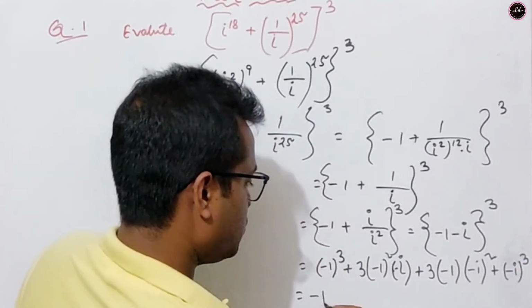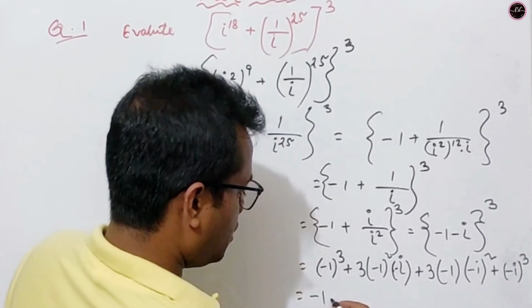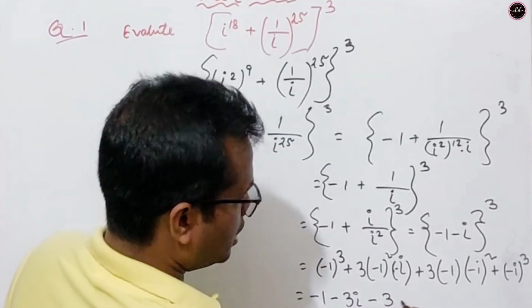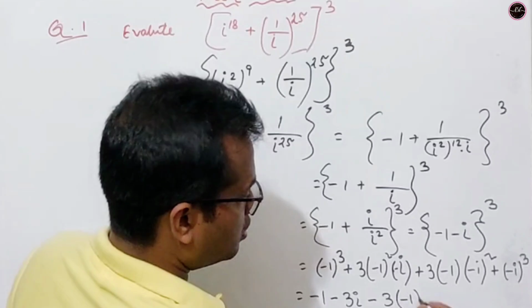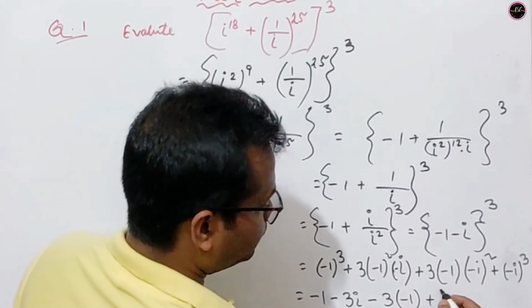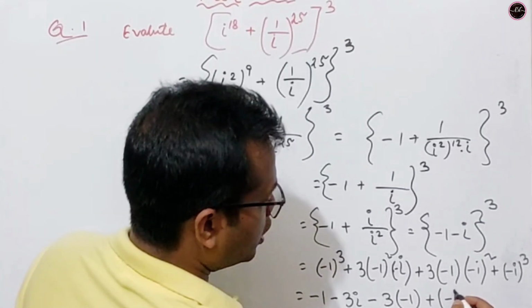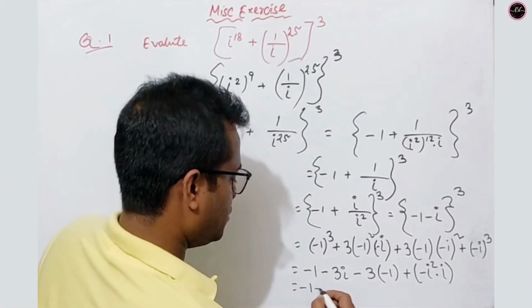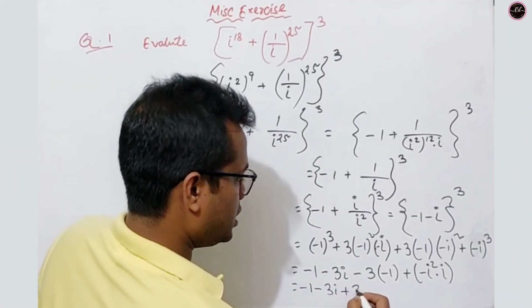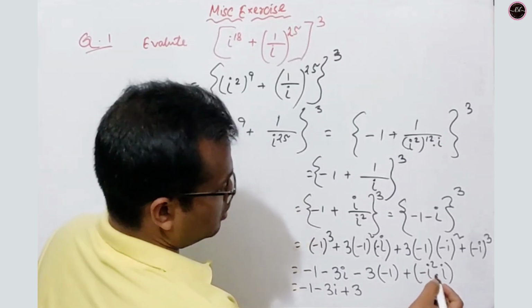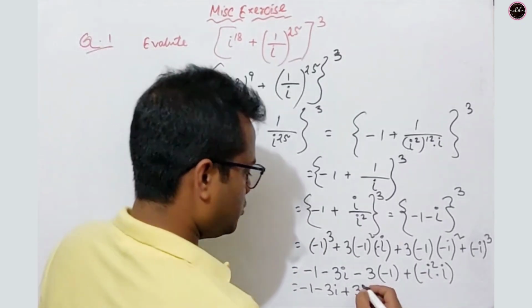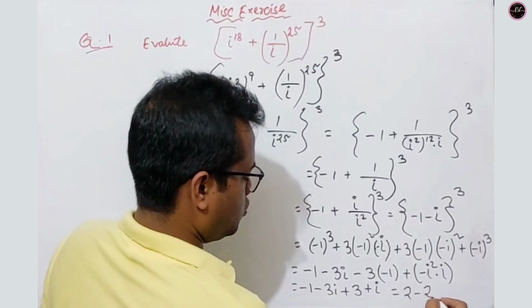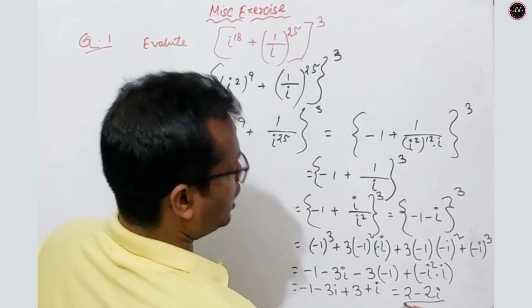Therefore we have minus 1 and this is minus 3I, this is minus 3 I square means minus 1, plus of minus I cube, that means I square dot I. So we have minus 1 minus 3I plus 3, minus I square means plus 1, that means this is plus I. So we have 2 minus 2I. This will be the answer.